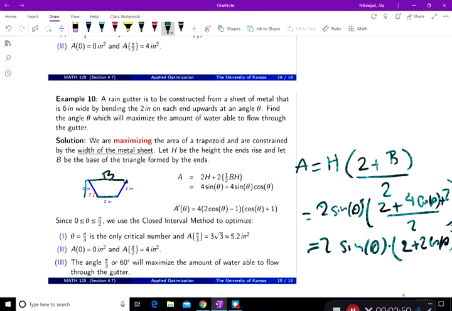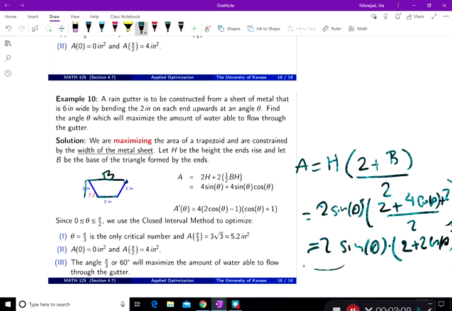And then taking the derivative of this, we end up finding the critical value and finding where A can be maximized or minimized.